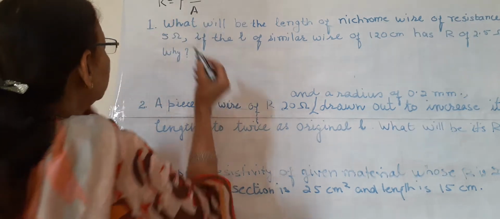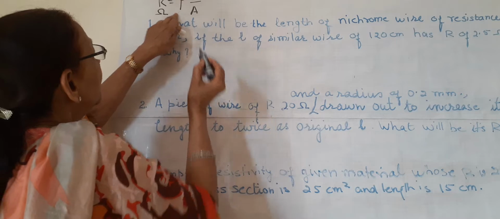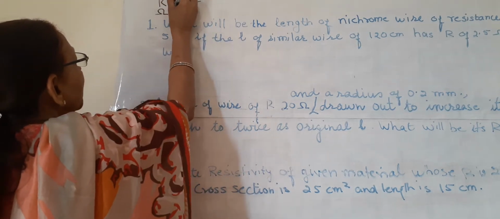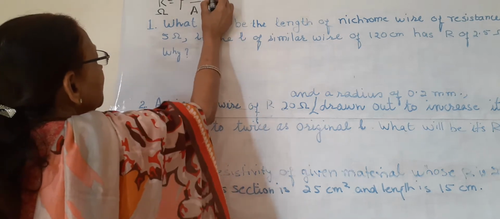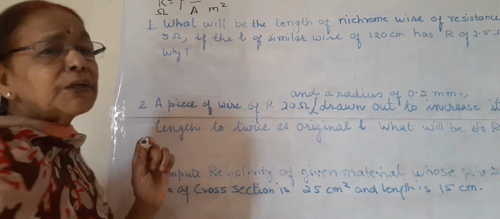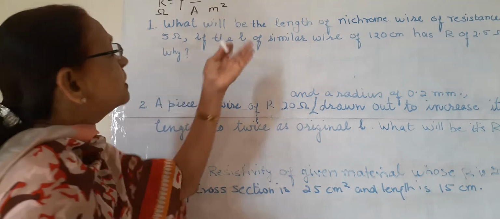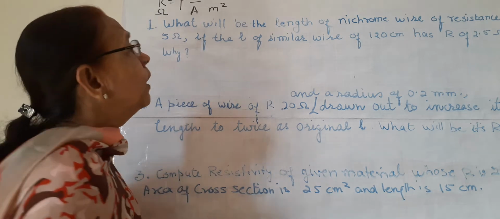What are their units? R in ohm, rho in ohm meter, L in meters, and area of cross section in meter squared. So these are the SI units of all these quantities.